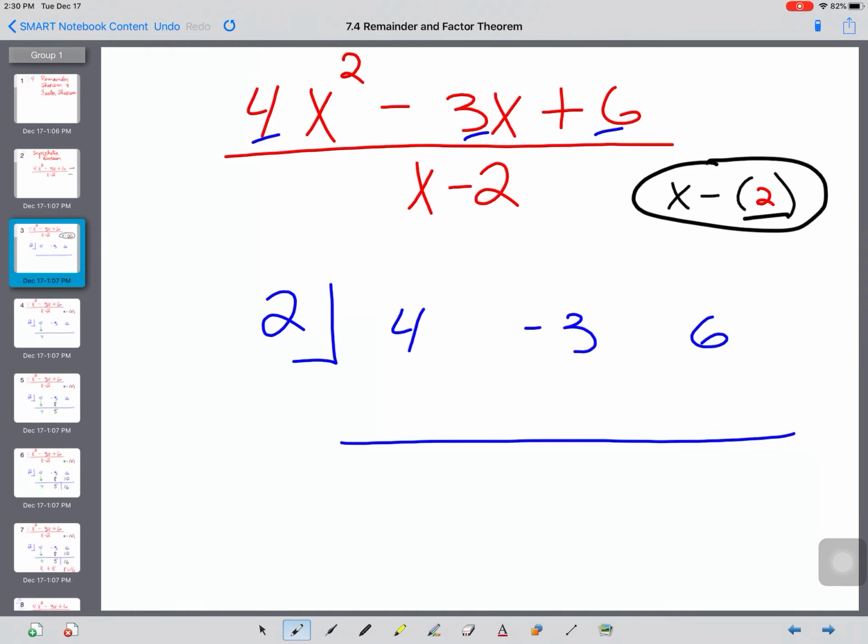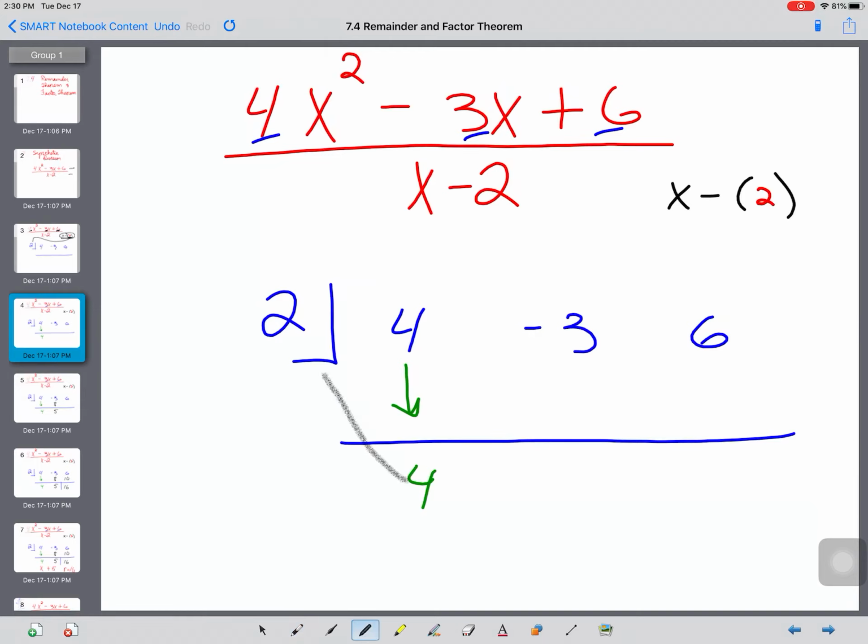So what I do is I take the coefficients of the numerator, the thing that's being divided, and I write them without the variables. Then, again, it has to be in the form of x minus a number, so the number, in this case 2, goes in the little box over here. The pattern for synthetic division is this first number just comes down, and then you follow the same pattern every single time.